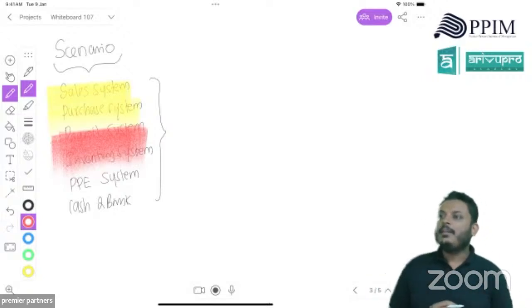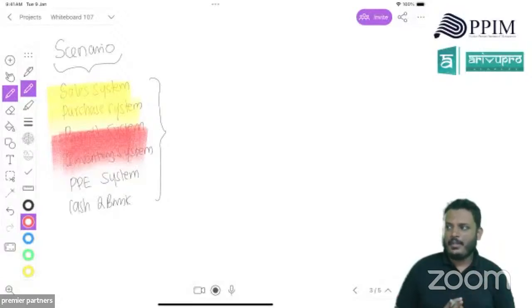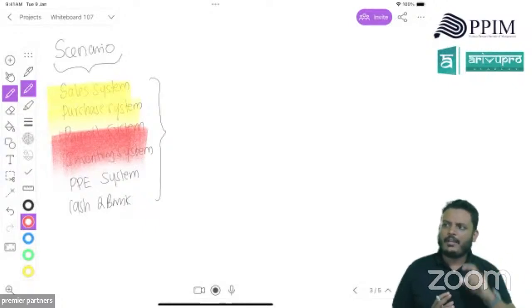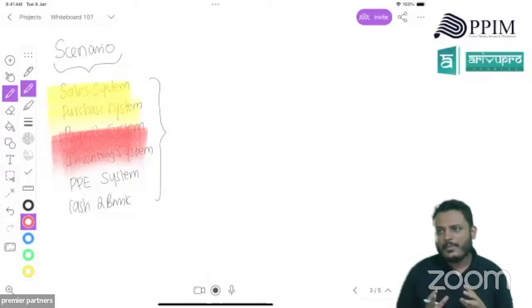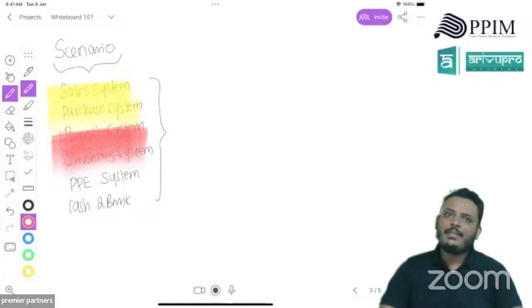Because they might test only one system or they might test a combination of systems. First they give the sales system, again they will give another paragraph related to the purchase system, then the payroll system, again the inventory system. So combined systems are possible.